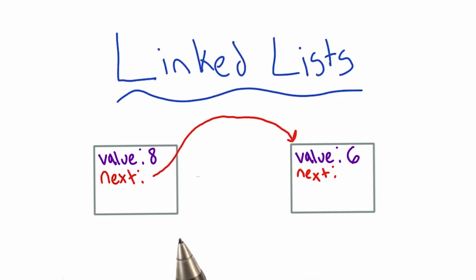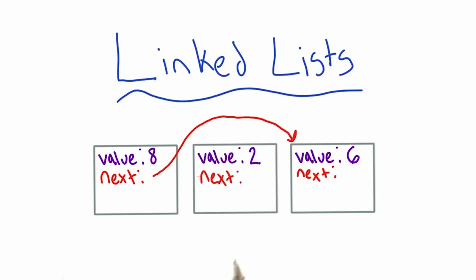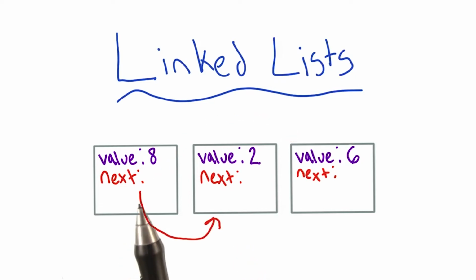The nice thing about this system is that it's pretty easy to insert and delete elements. Adding an element is going to look something like this. We really just need to change the next reference to point to the new object, and done! There's a quick trick you need to remember though. If you delete the next reference and replace it with a new object, you'll lose your reference to this object.